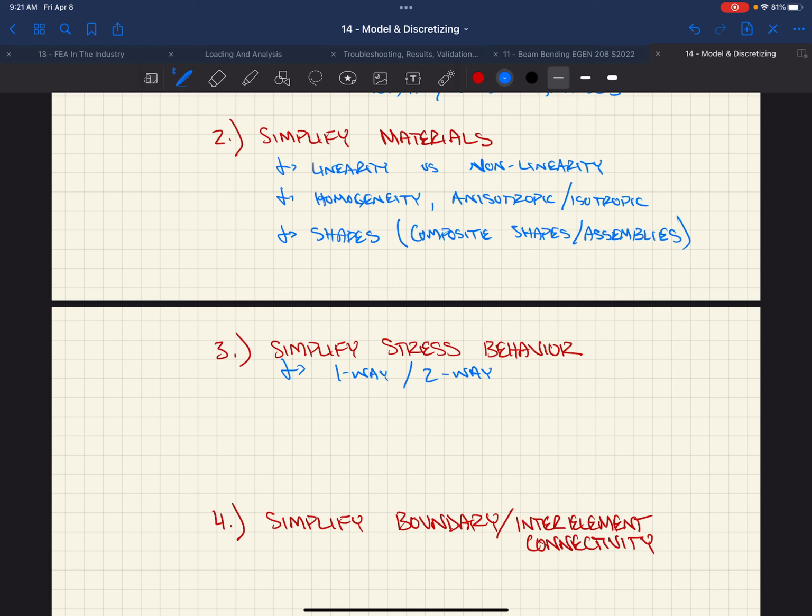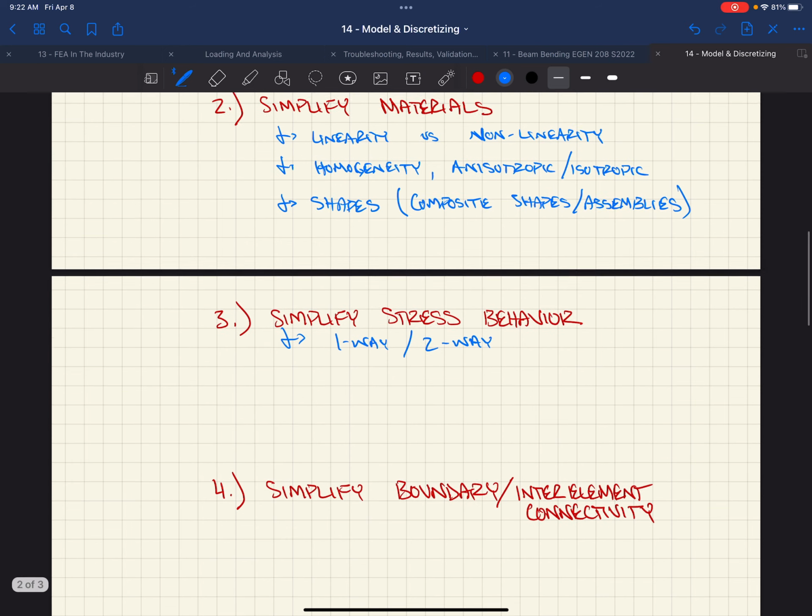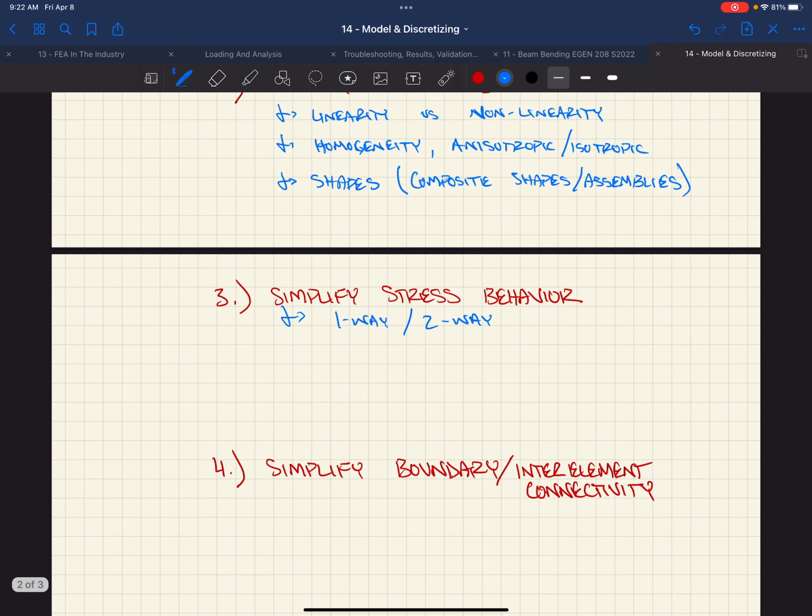But we make the assumption it doesn't. So when we put in areas in our finite element analysis software, and we want it to just span one way or two way, the code allows us to make those simplifications, but does the real world really behave that way? No. There's a lot of indeterminacy in the real world. And so it might not span just one way or two way, right? There's a lot of complexities, but we make the simplification.